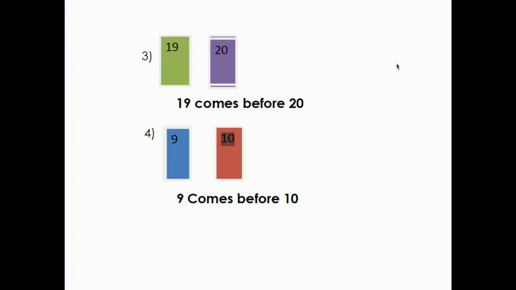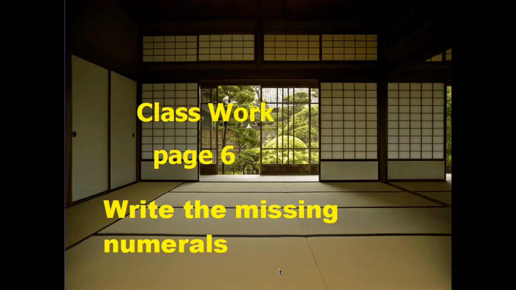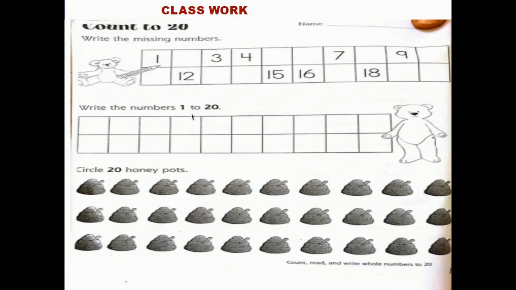The next one is a video which helps you identify numbers from 61 up to 18. Go to page 6 of your working book. There is one classwork which says write the missing numbers. You are asked to write the missing numbers. You are given some numbers in the box: 1, 3, 4, 7, 9 up to the end.